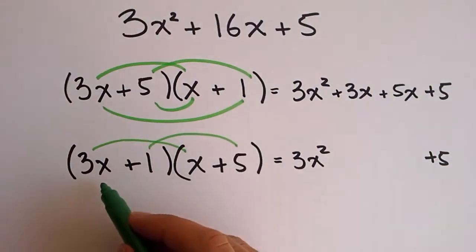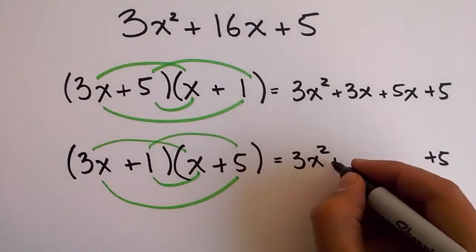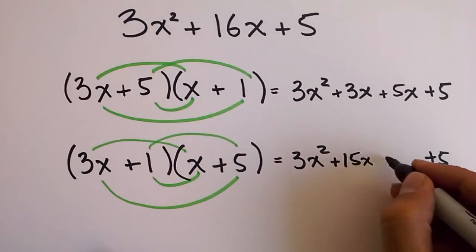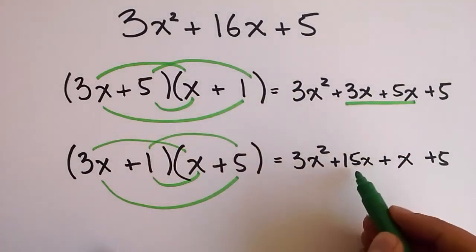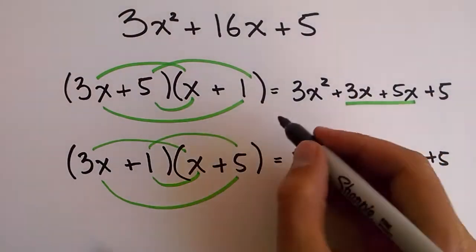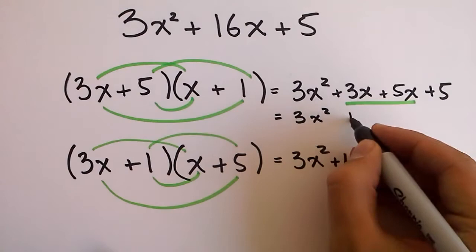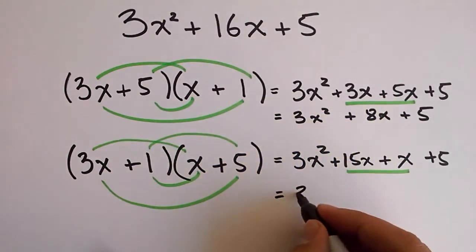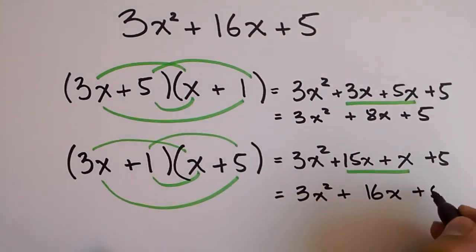Now, if you check out the second parenthesis and perform the same operations, you obtain 15x plus x. Now, remember that in this type of expressions, you can add similar terms. That would mean that in the first case, you obtain 3x squared plus 8x plus 5, while in the second one, you obtain 3x squared plus 16x plus 5.